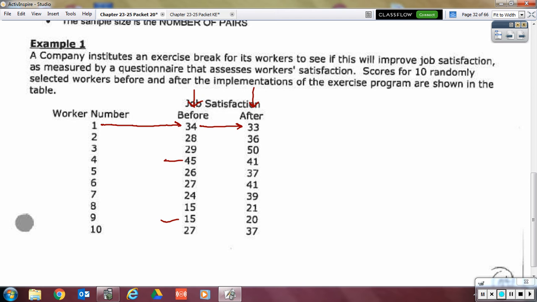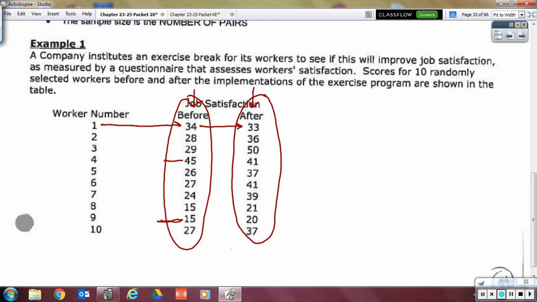Some people just generally have a different scale. You know, some people think an 85 is a really good grade, and some people would freak out if they got an 85 for a really good grade. So same thing here. There are so many variables going on that if we just picked 10 people for the first score and 10 totally different people for this second score, what could happen?